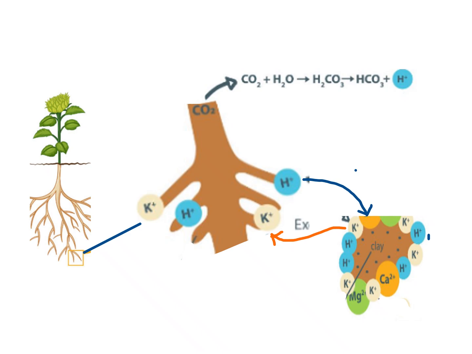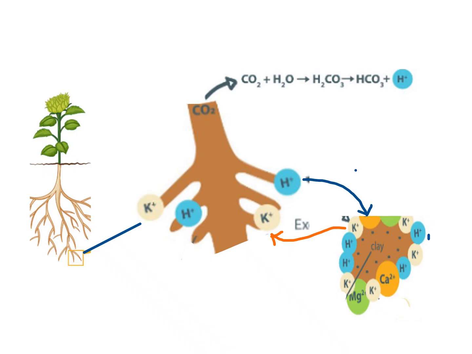Now, look at this picture. Plant roots will be surrounded by soil particles. Plant root cells convert carbon dioxide into carbonic acid, H2CO3, which then ionizes to release H plus ions. So, plant root cell surfaces will be adsorbed with H plus ions.